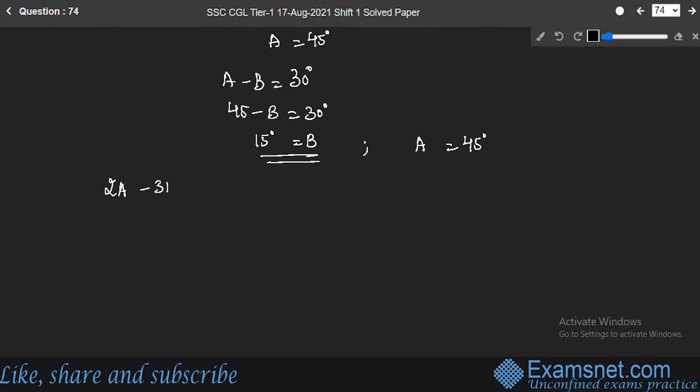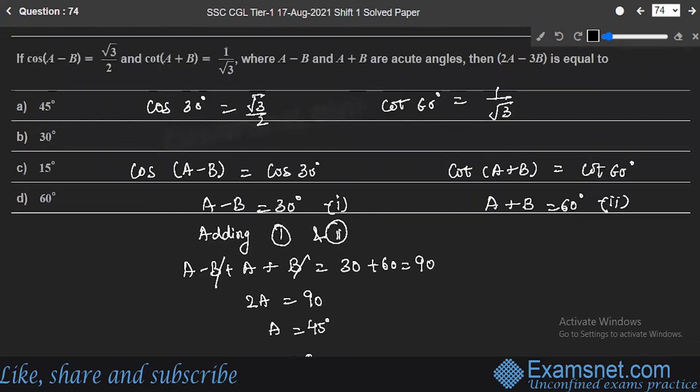So 2 into 45 minus 3 into 15. 90 minus 45 gives you 45 degree. This is your answer. Option A is the answer to the question. Hope you are clear. Let's move to the next question then.